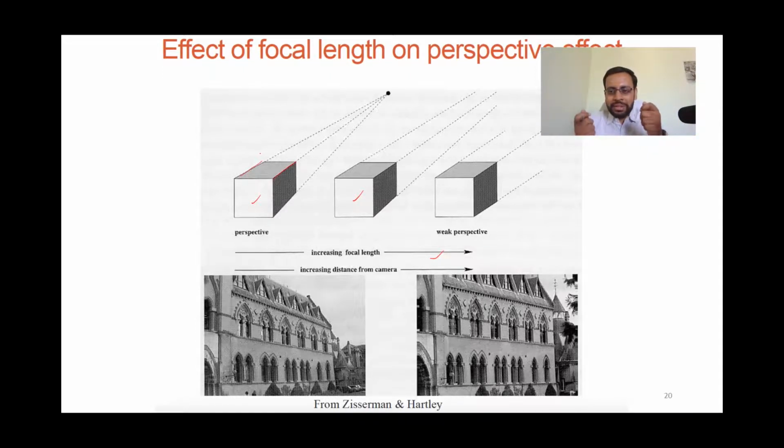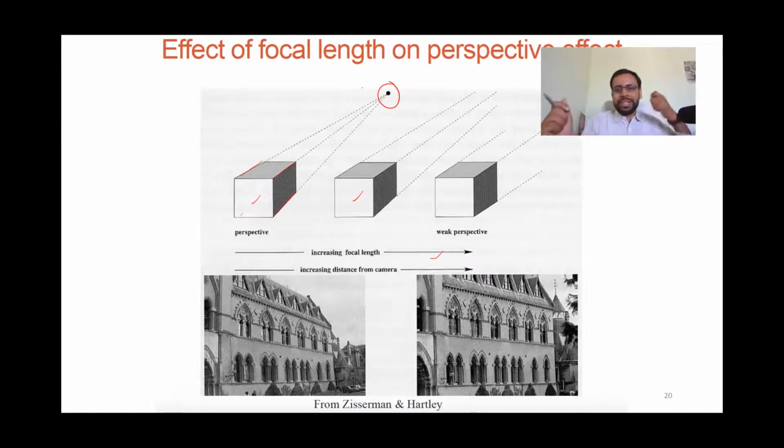In the 3D world, where are they going to converge? They will not converge, right? They don't intersect because they are parallel lines. But when you take that picture close, it looks like all of them would converge here. So they are going to intersect here, even the parallel lines.